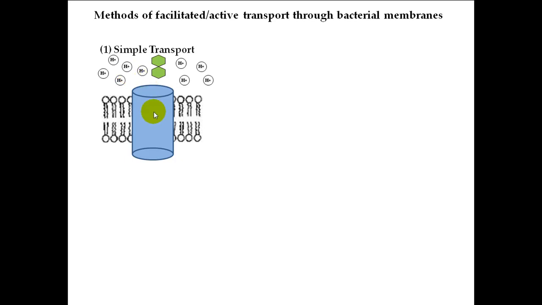This pore basically gives those protons a place to diffuse through. And along with that proton, the molecule that the cell is interested in transporting actually goes with it. The energy that's needed to transport this molecule through the cell is actually provided by the proton gradient.